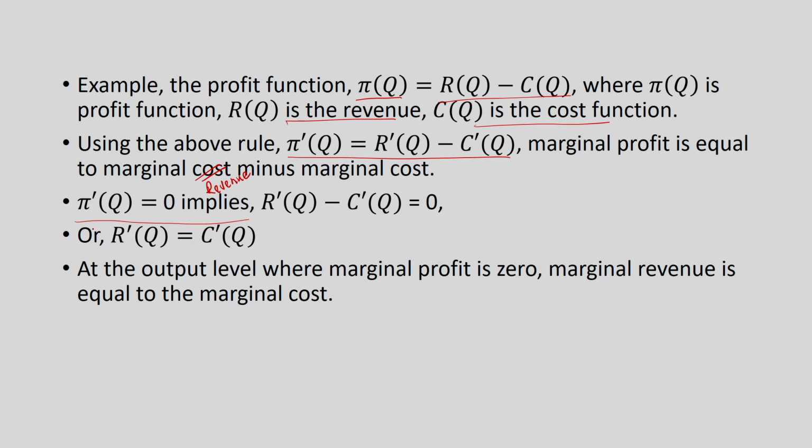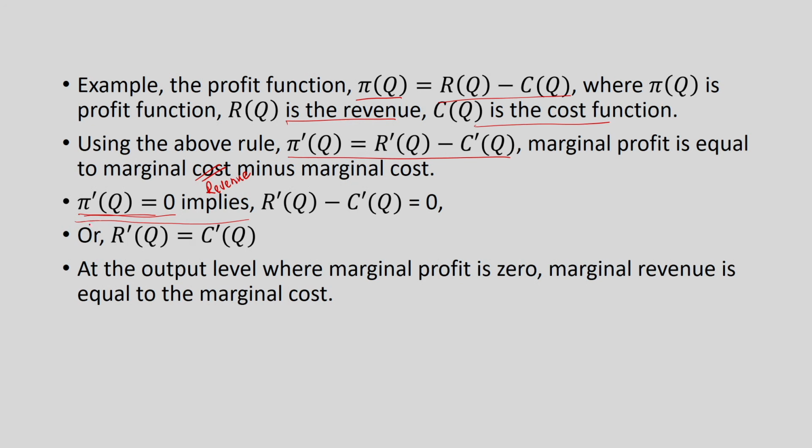At the output level where profit is getting maximized, one can show, we shall see it later on, that the level of output can be found by setting pi dash q equal to 0. So, if pi dash q is equal to 0, then the profit is getting maximized at that particular output level. So, this is a necessary condition. If this is not satisfied, then the profit is not getting maximized, as we shall see later on.